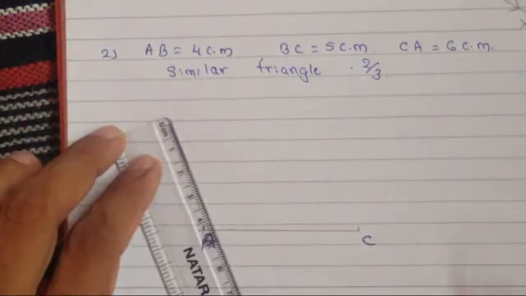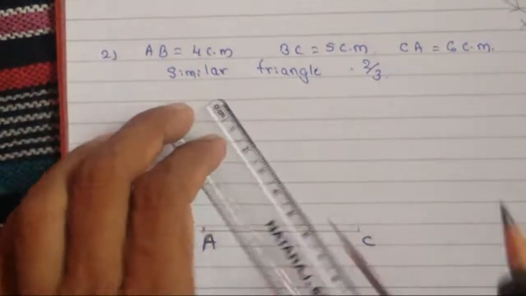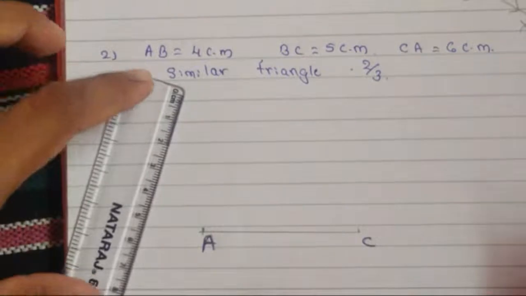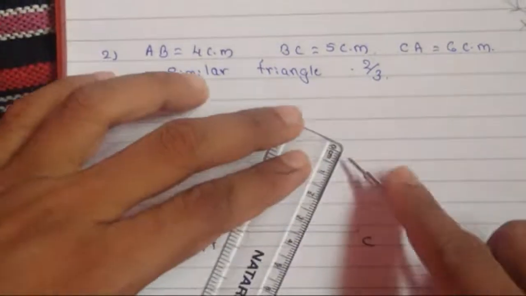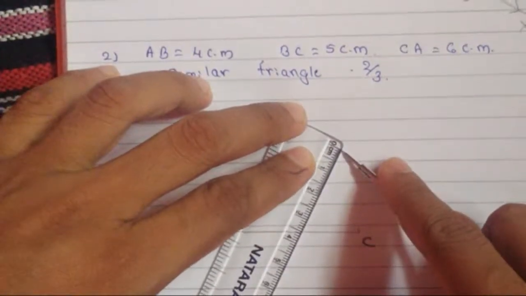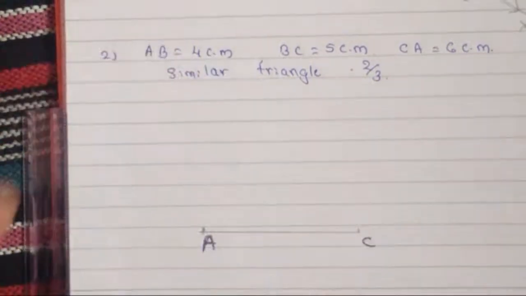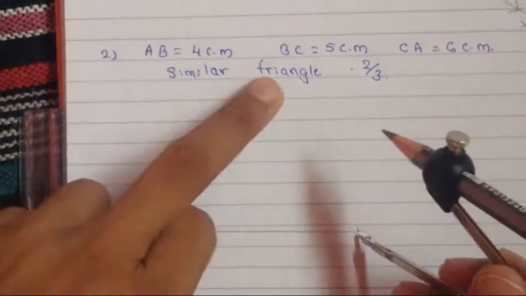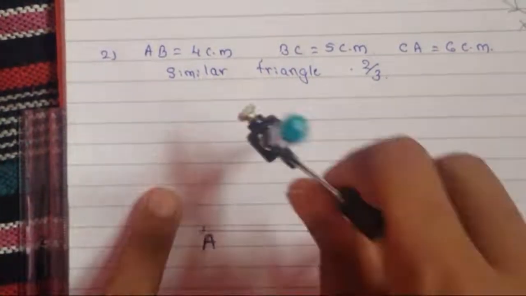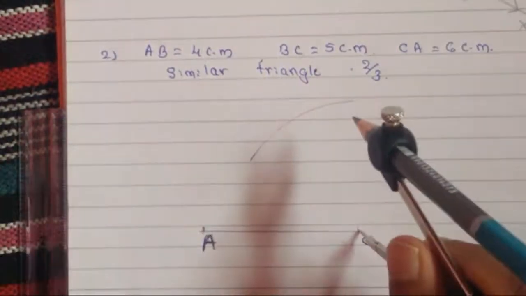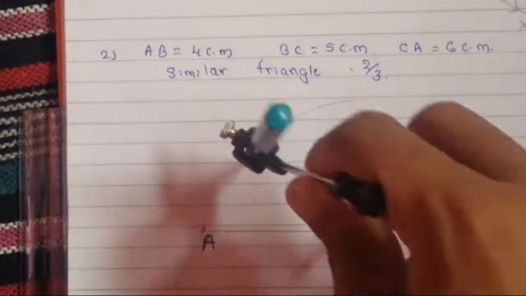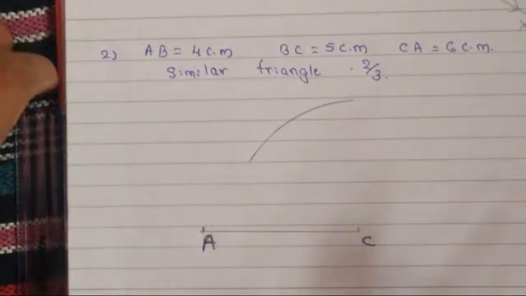Okay, don't keep points like this and directly draw 5 centimeter. Then BC, that is 5 centimeter, from point C draw an arc.